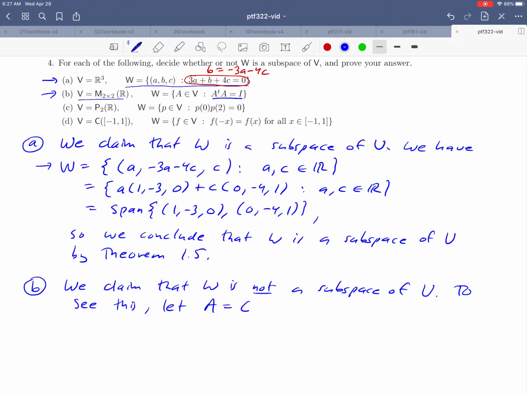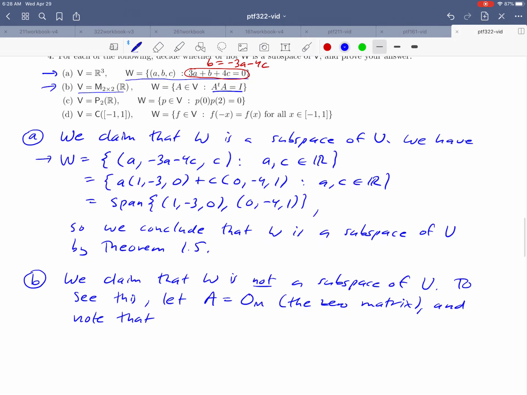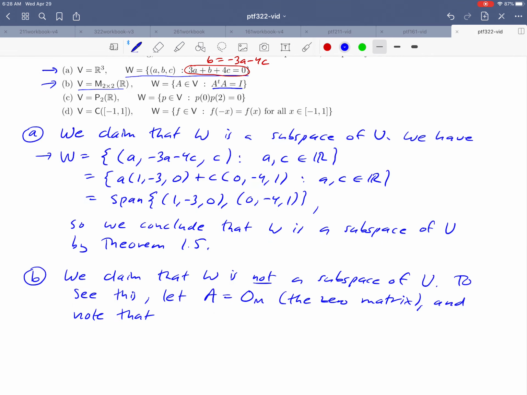Let A be the zero matrix. I'm going to write that as just 0_M. With that choice of A, A transpose times A is going to be the zero matrix transpose times itself. That's just going to give you the zero matrix again. You take two matrices that have a bunch of zeros in them and multiply them, you're just going to get a bunch of zeros again.